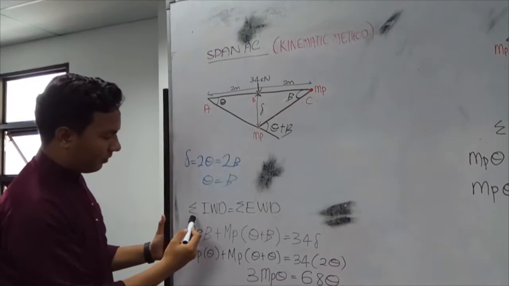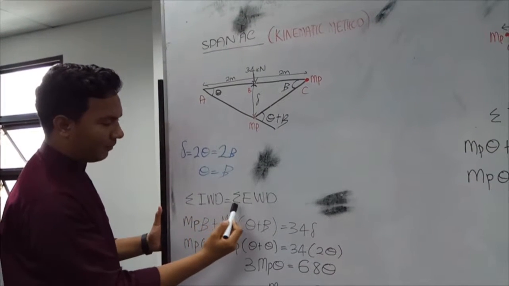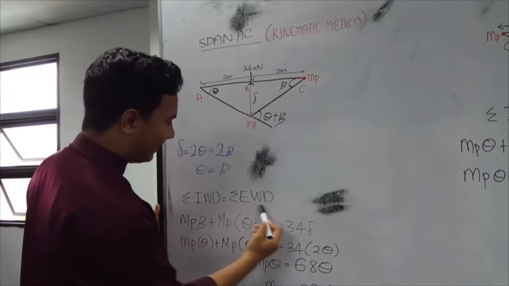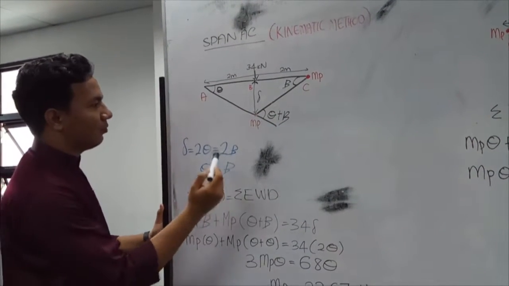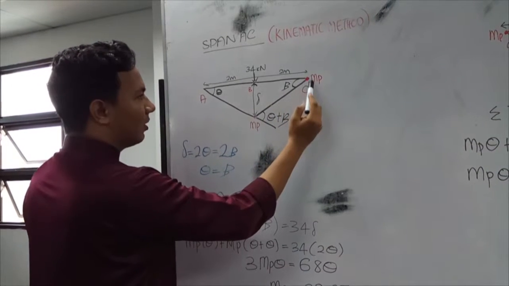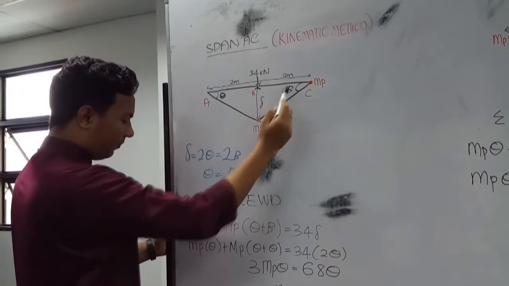And then the formula is total internal moment equal to external. So for internal, we have to multiply the moment with the deflection angle.